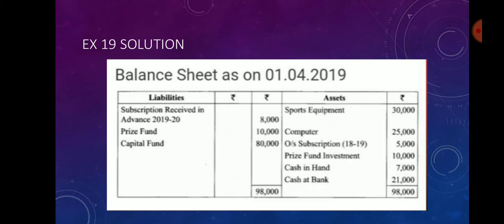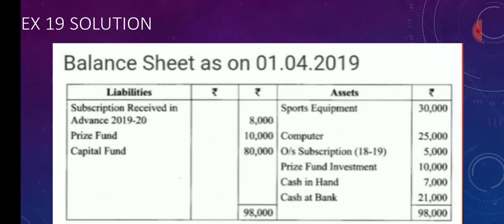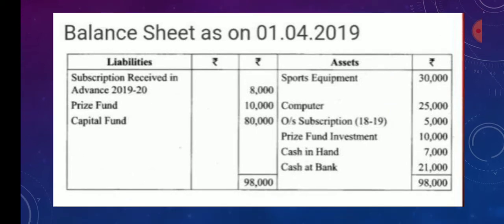First, we will come to the asset side. Sports equipment 30,000, computer 25,000, outstanding subscription for 2018-19 5,000, prize fund investment 10,000, cash in hand 7,000, cash at bank 21,000.